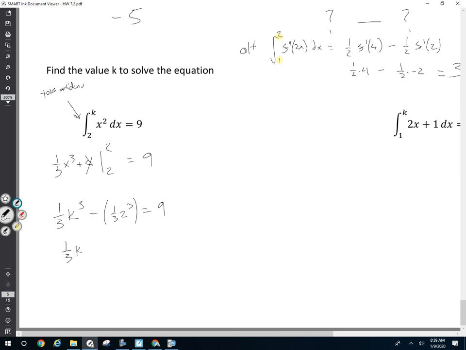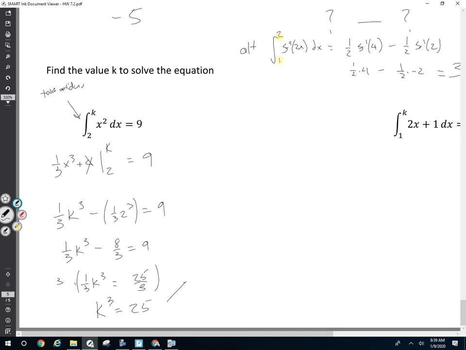Well, I can solve this. I don't need a calculator for it. I have 1/3 k cubed minus 8/3 equals 9. I'll add 8/3 to both sides. 9 is 27/3. 27/3 plus 8/3 is 25/3. So I get 1/3 k cubed equals 25/3. Can multiply both sides by 3. I get k cubed equals 25.